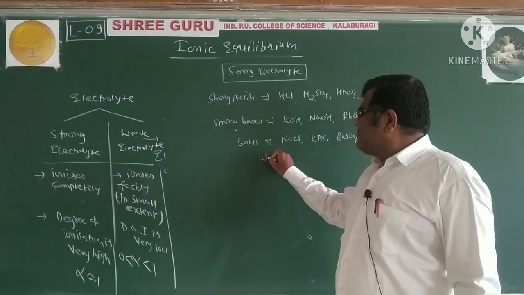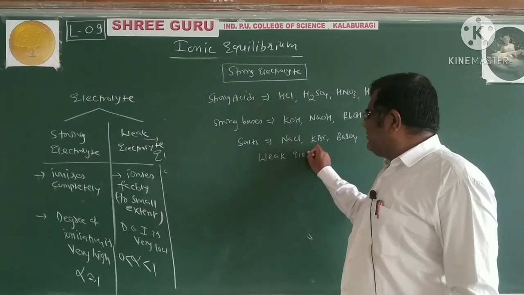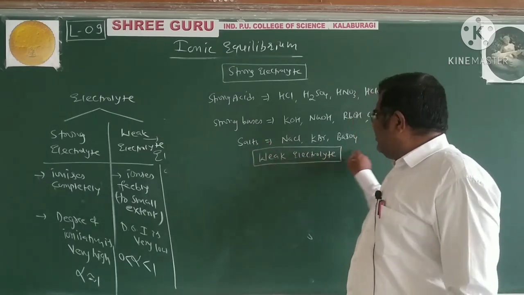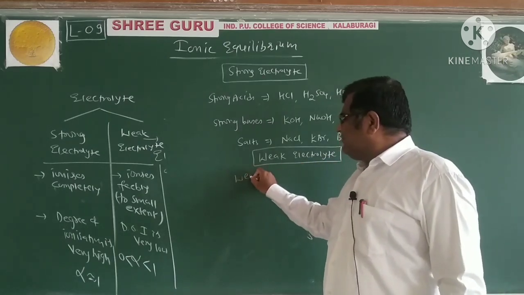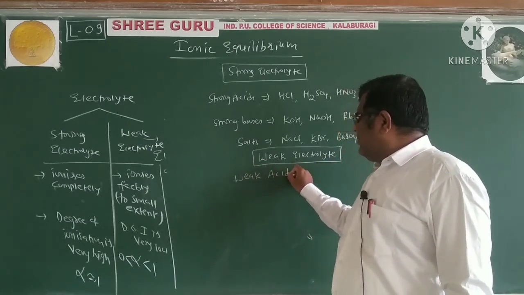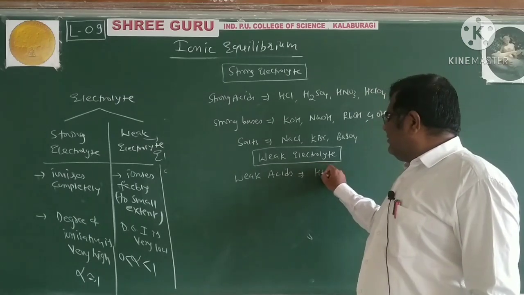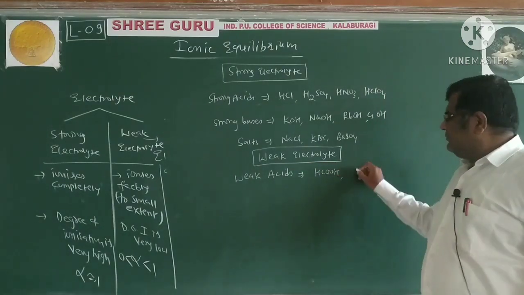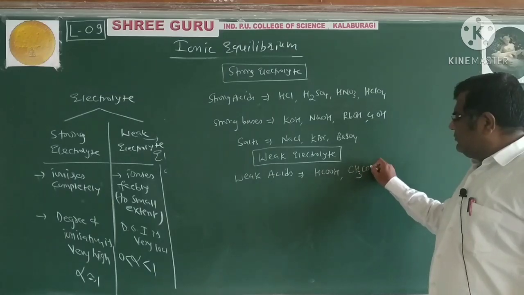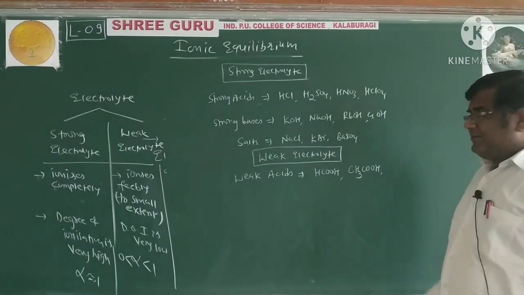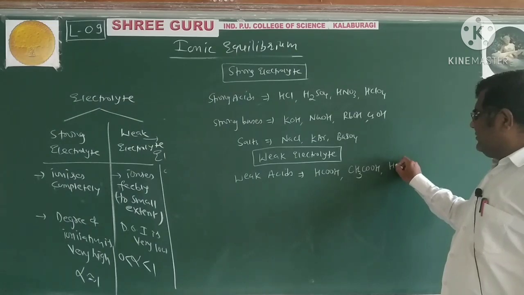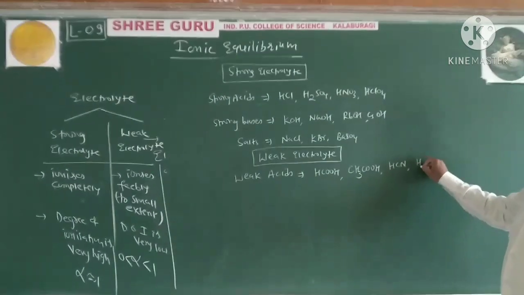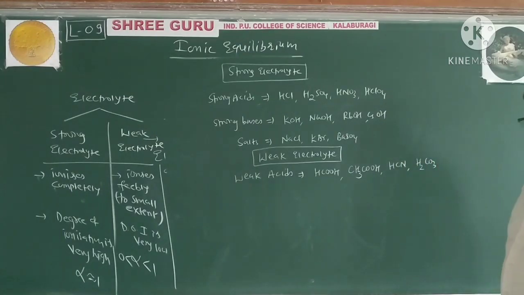What are the examples of weak electrolytes? Weak acids. Now, which acids are weak? Formic acid, acetic acid or ethanoic acid, hydrogen cyanide, carbonic acid.